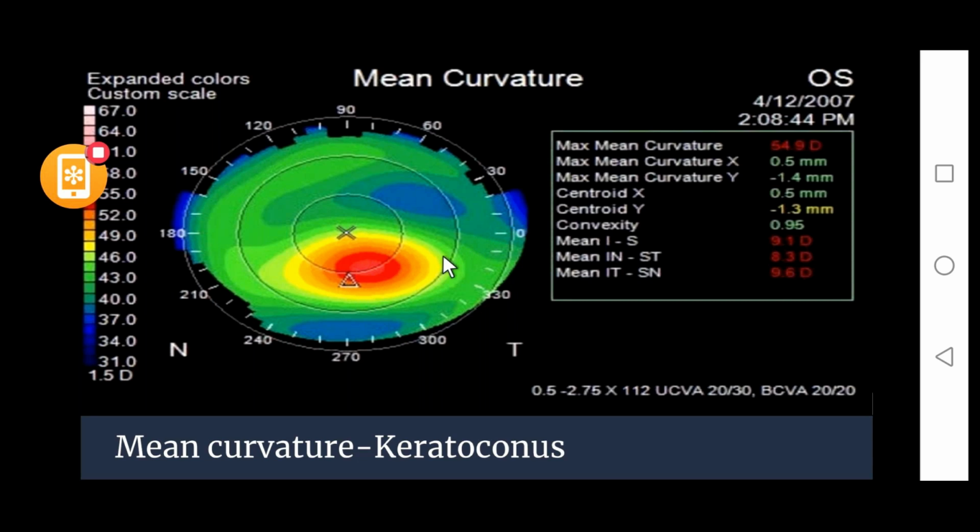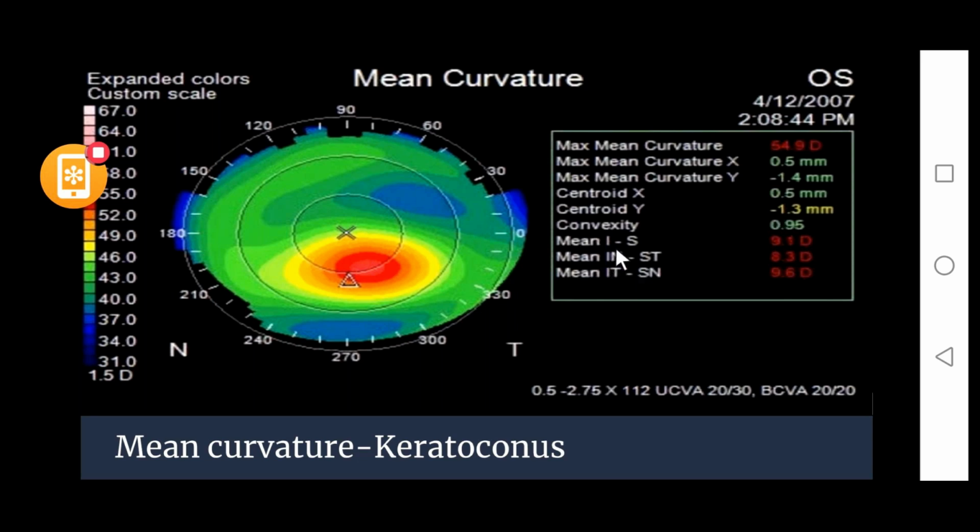Basically a hull is drawn here and here like this, and it gives you the convexity. Over here, the convexity is 0.95, which is close to 1. That means this is a steep cornea. This is a more convex cornea. It is basically a hyperprolate cornea, right?